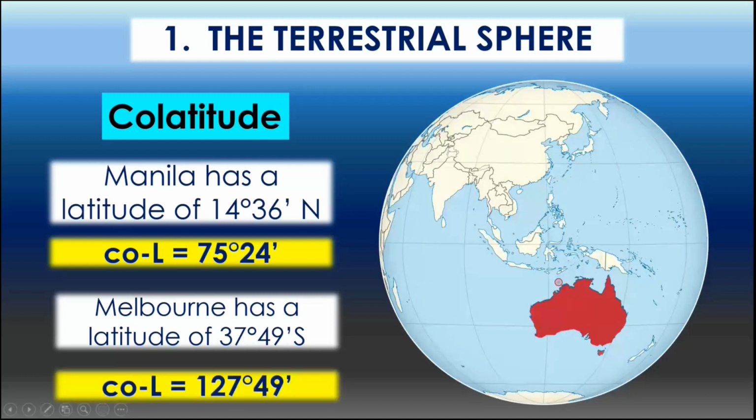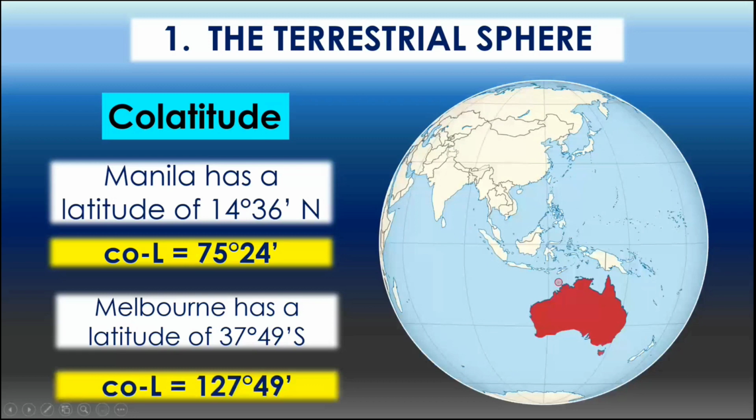So you can also try to determine the co-latitude of other places. If you would like to know the co-latitude of a particular place in which you are interested, a particular city around the globe, check for its latitude, using Google Earth or just by searching it online.